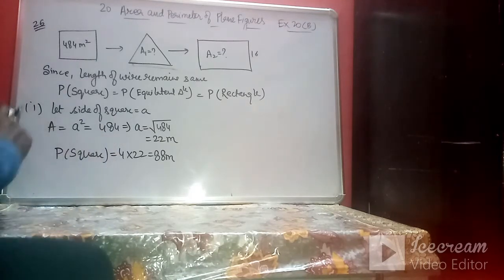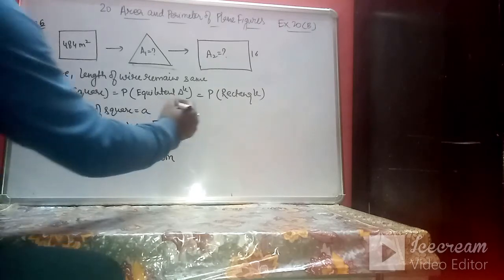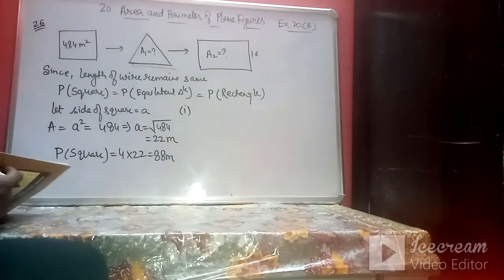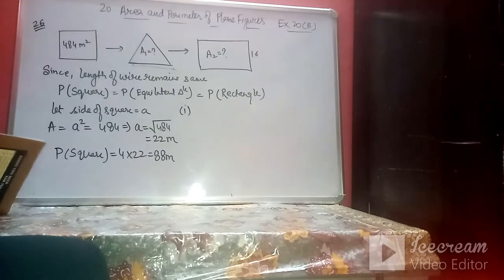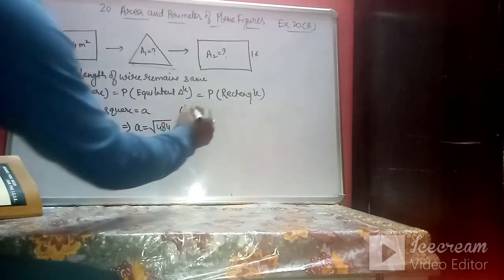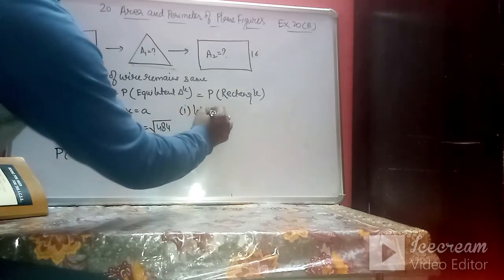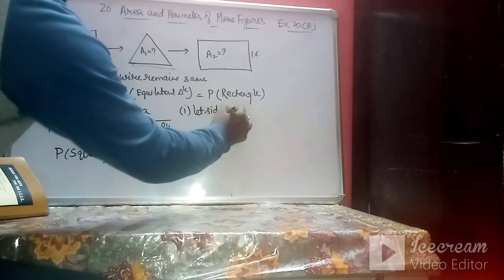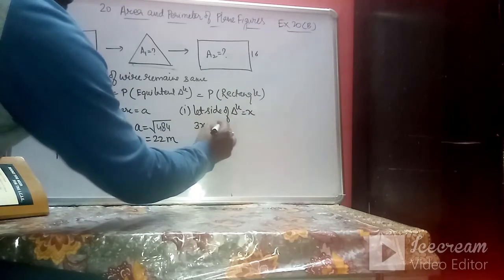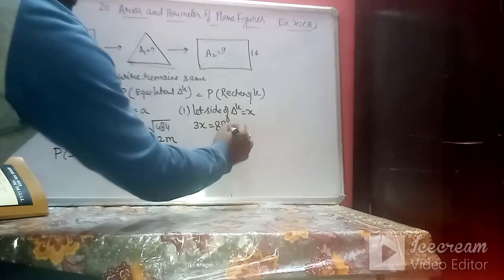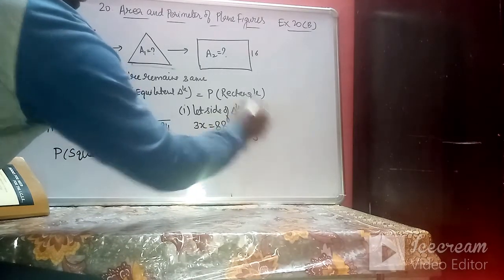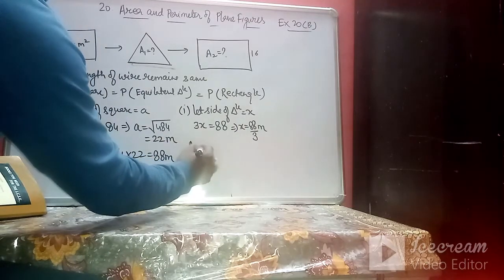So let's see the very first part. Find the area enclosed by the same wire when bent into an equilateral triangle. So let the side of the triangle equal x. We know that 3x equals 88, so x equals 88 by 3 meters. What is the area?